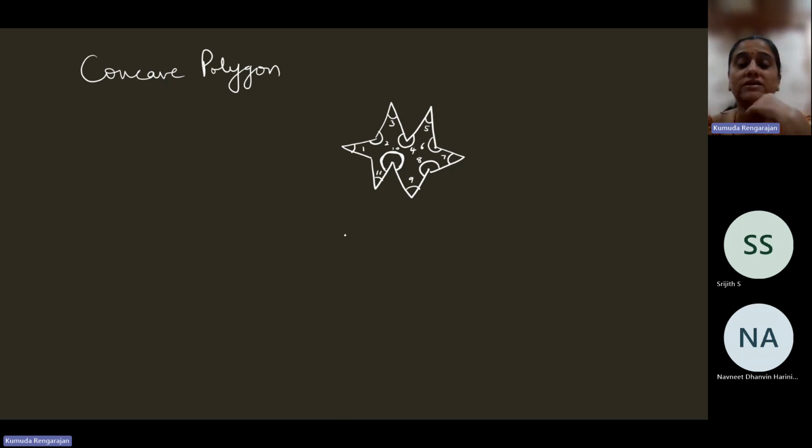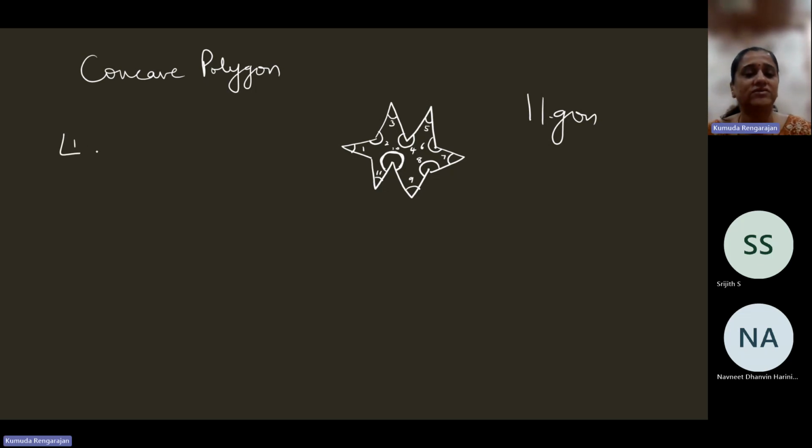Now this polygon has 11 sides. It's an 11-gon. So 11 interior angles. Now tell me all the angles which are reflex angles.